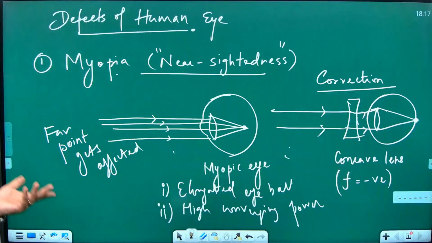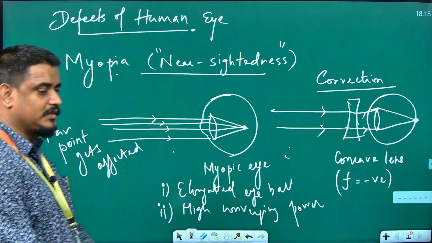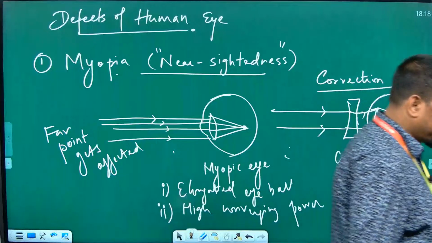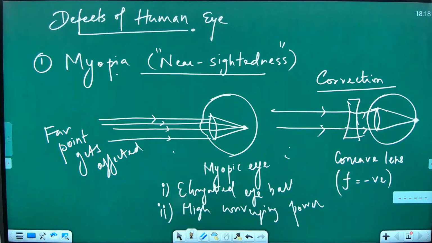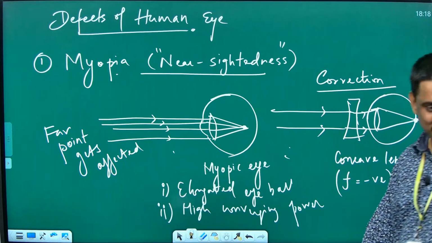Correction means what lens you have to use to correct the problem. So myopic eye can be corrected by using a concave lens. Convex. You are deaf or you are blind? Both.